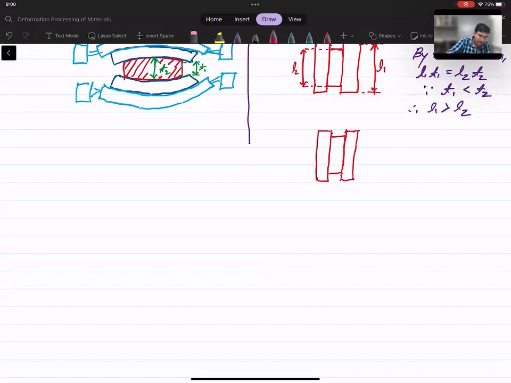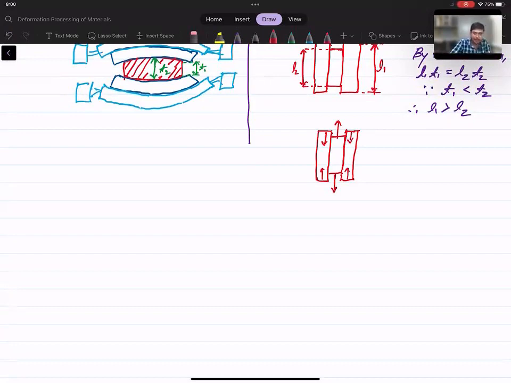In this situation, the central part will experience a sort of tension or tensile stress, and it will try to get stretched, while the outer side region will experience compressive loads, due to which it will try to compress.